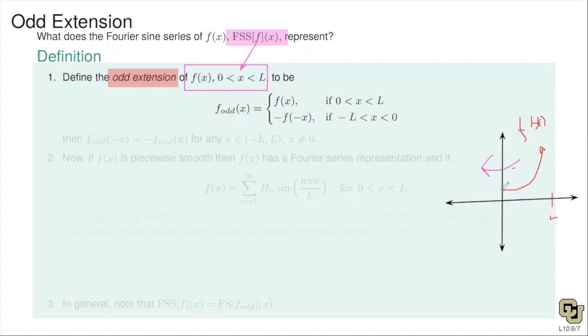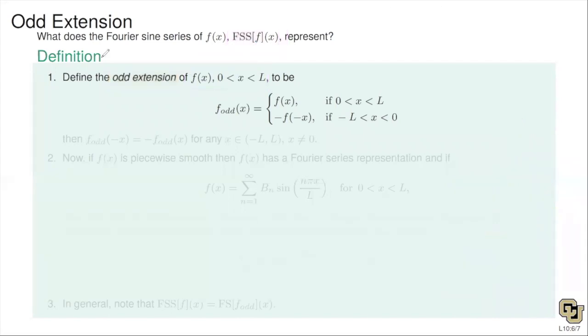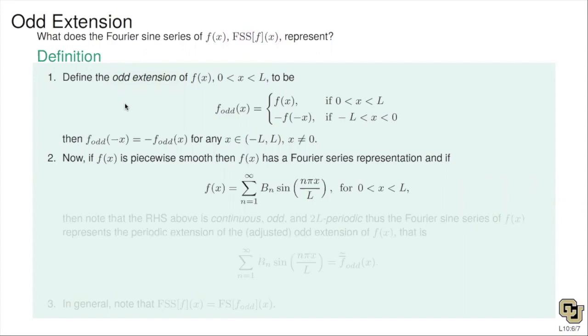And then you multiply by a minus sign, it flips it around the x-axis, and you get a function that looks like this. And so what happens is you get a function that's odd. So if you look at this function that we ended up with here, that's an odd function. So this is called the odd extension of f. You just take f, which is defined on 0 to L, flip it about the y-axis, and then flip it about the x-axis. I'll show you a picture in a second.